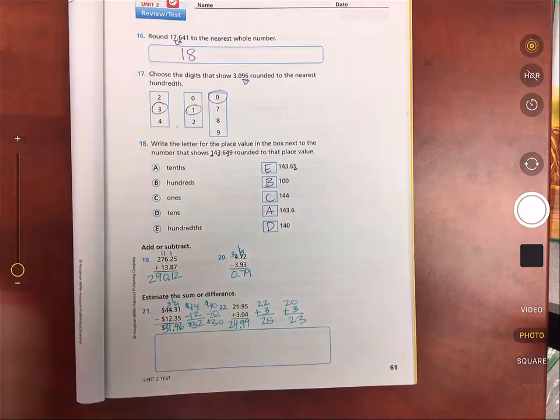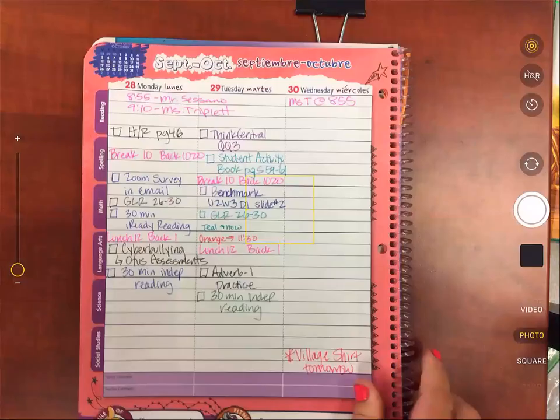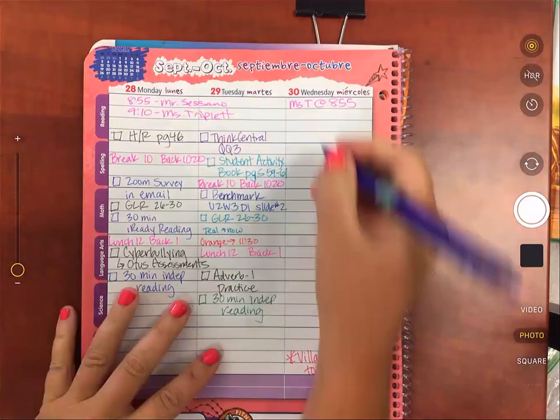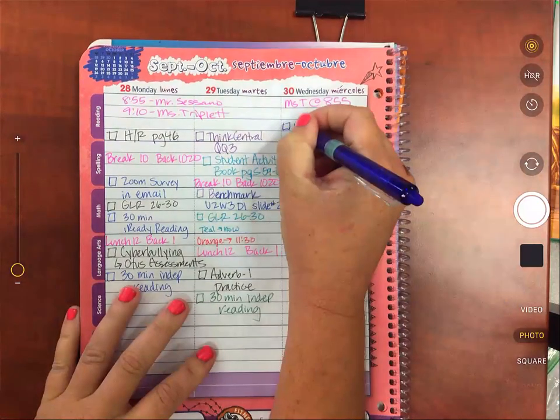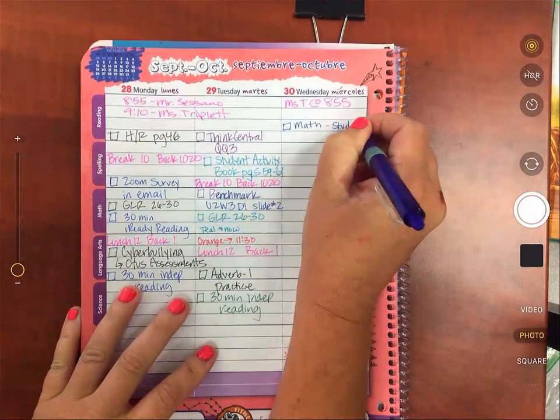All right, you guys are rock stars. Let's take a look at our planners real quick. For our planners today for math, you're going to do your student activity book again, the same book we just corrected in.